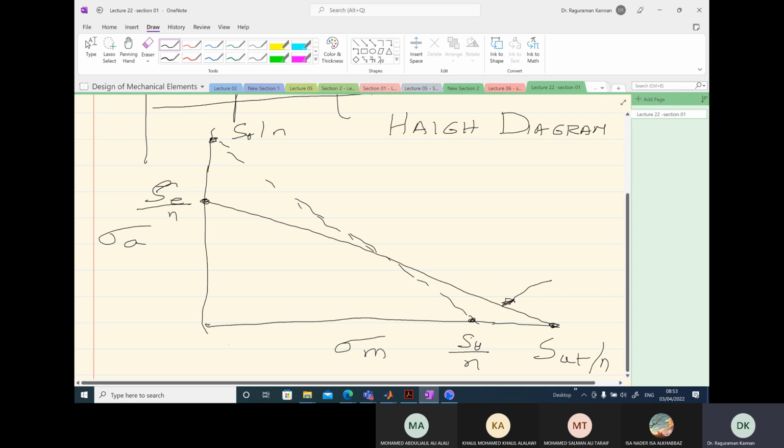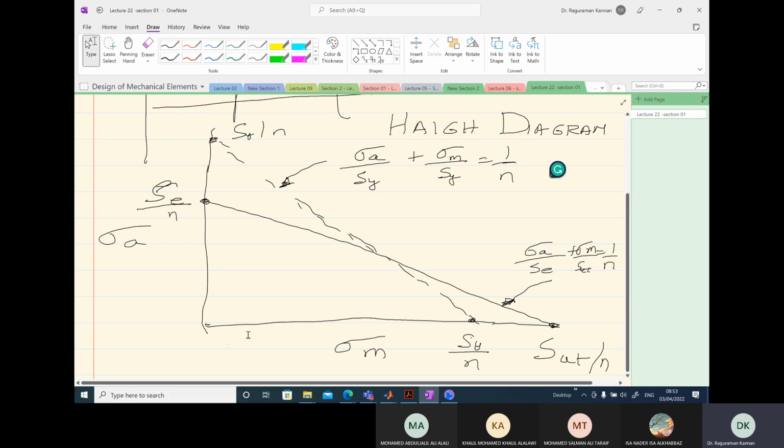This has the equation sigma A over SE plus sigma M over SUT equal to 1 over N. And in the case of yield line also, there is an equation. Since this is also a line, we must have an equation. Sigma A over SY plus sigma M over SY equal to 1 over N. So these are the equations.